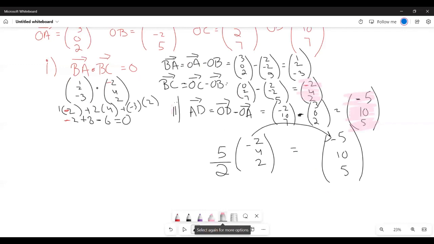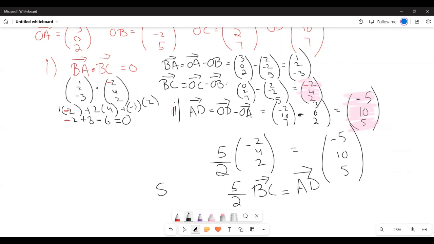Now you need to check whether the others also satisfy this. If we multiply 4 by 5/2, we do get 10. And similarly, if we multiply 5/2 with 2, we do get 5. So that means you do have a scalar relationship between the two. If you multiply the value 5/2 with the vector BC, you get the vector AD.